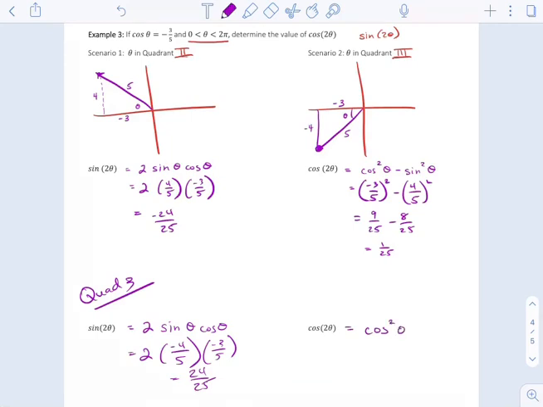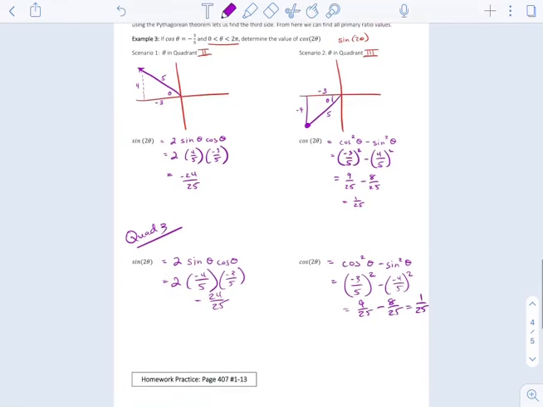Doesn't matter what sine is, it still works out to be a positive value. Negative 3 over 5 because cos is still the same. Sine is now negative 4 over 5, but it's squared. So we're going to get 9 over 25 minus 8 over 25, which still works out to be 1 over 25.